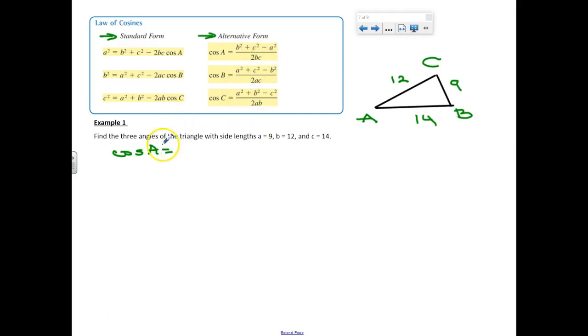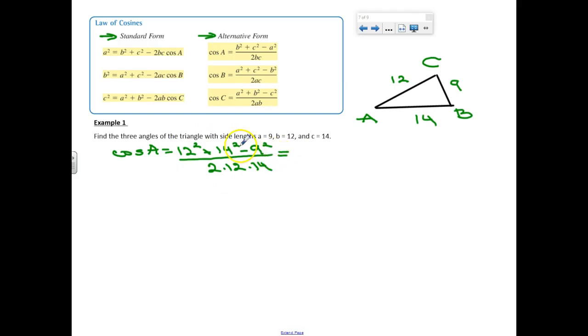We get cosine of A is equal to 12 squared plus 14 squared minus 9 squared, divided by 2 times 12 times 14. You can certainly plug this whole equation in the calculator.